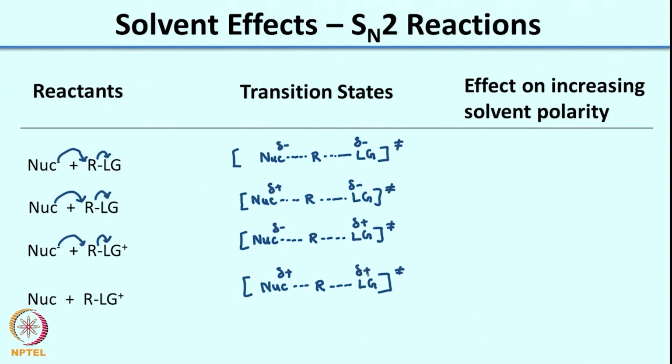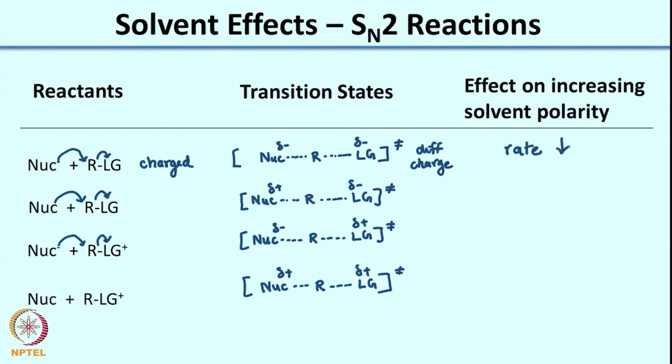So, now to determine what happens to the rates in each of these cases, let us look at the first case. You are starting with charged reactants, right. One of the reactants is charged, transition state, diffuse charge, so less stabilized, so rate decreases.